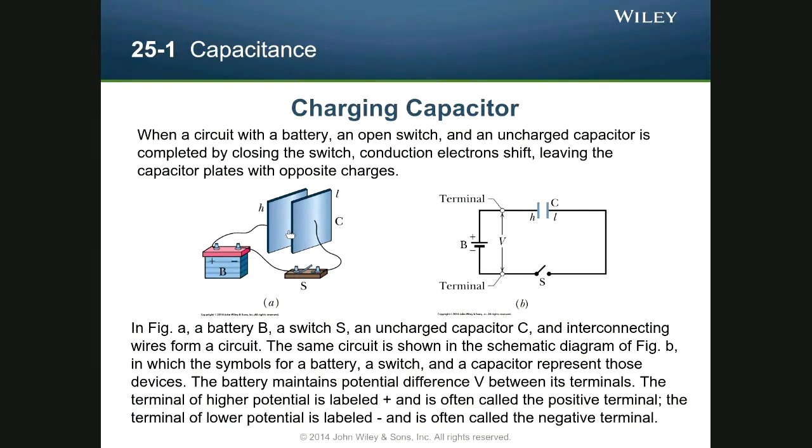We can represent electrical circuits in what we call a circuit diagram, a sort of idealized wiring where everything is clean. And you'll notice that all of the elements in our picture, the battery, the capacitor, and the switch, are in this very clean circuit diagram.